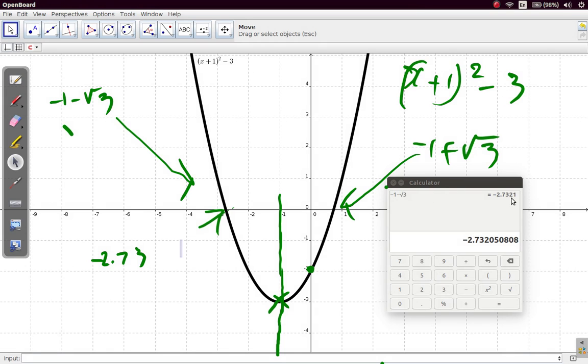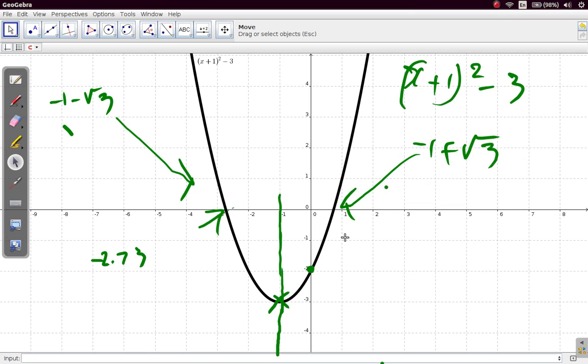Negative 1 plus the square root of 3, which is 0.73. So the other root would be 0.73.